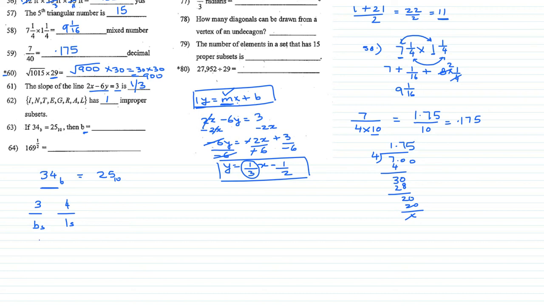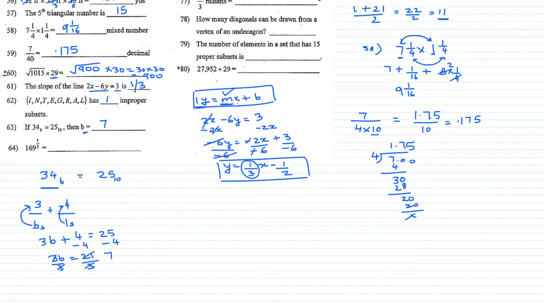So essentially 3b plus 4, so we multiply b with 3 and add it with the product of 1 and 4. So 3b plus 4 is equal to 25. So subtract 4 from both sides. So 3b is equal to 21. Then we divide both sides by 3. So b is equal to 7.